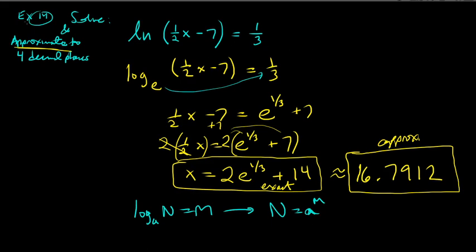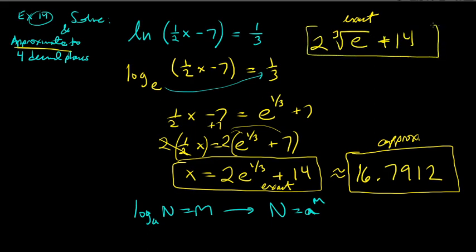And by the way, there's another way to write the exact. Remember, when you raise to the power 1/3, you're really taking the cube root of e. So this is 2 times the cube root of e plus 14. So you can do that on your calculator, or when you raise to the power 1/3 on your calculator, it's the same as taking the cube root.